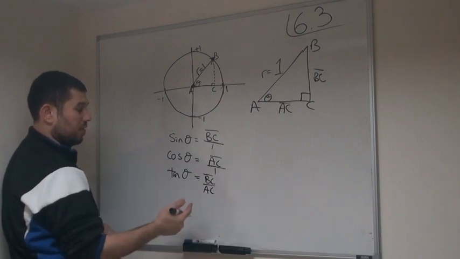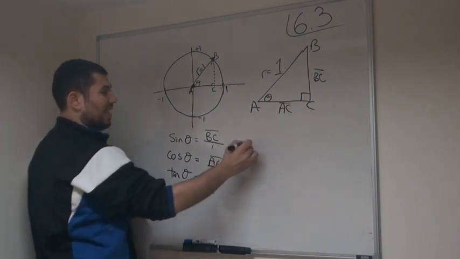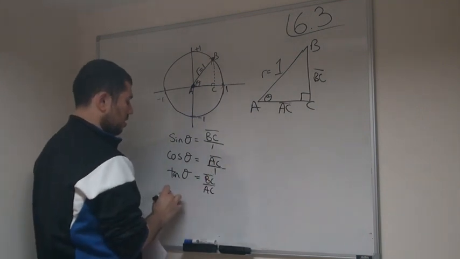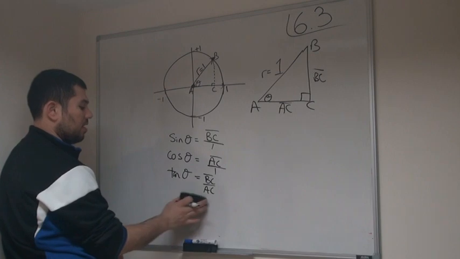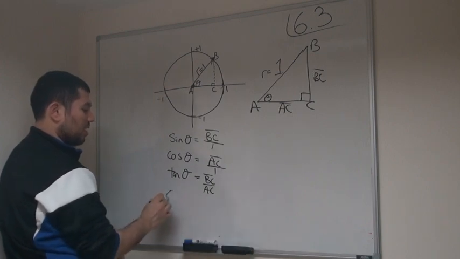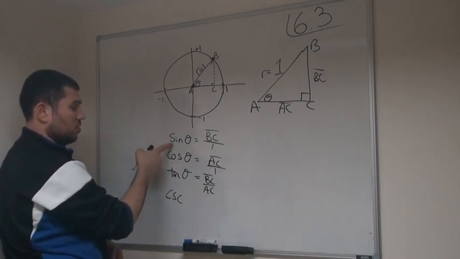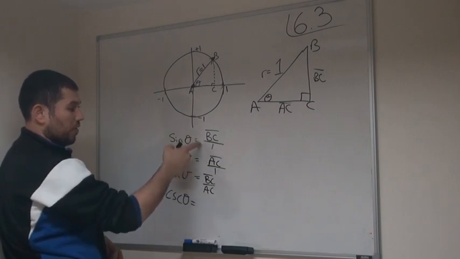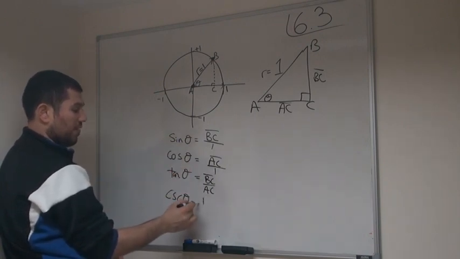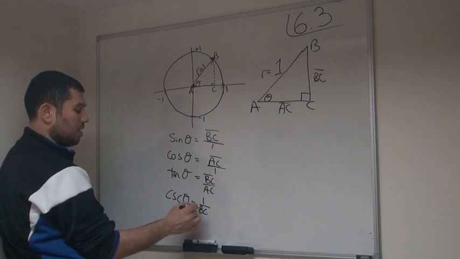Now the reciprocal functions, secant, or let's start with cosecant, because cosecant is the reciprocal of sine, starts with an S, starts with a C, so it would be 1 over this value, or just the reciprocal of that value, 1 over BC.